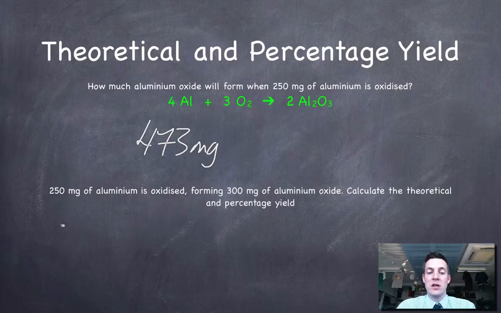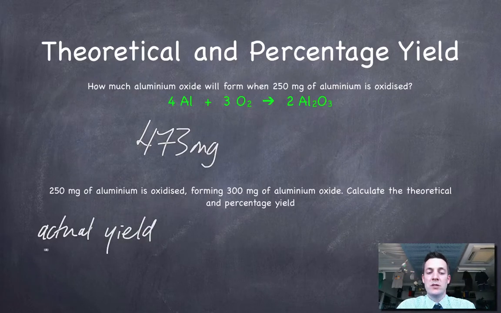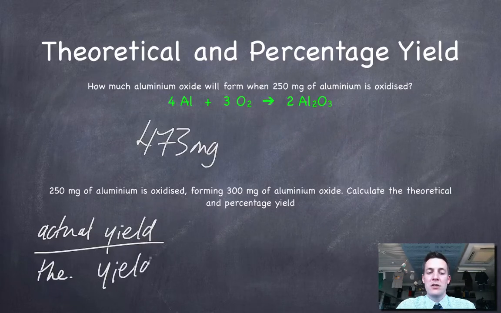So my percentage yield is always going to be the actual yield divided by the theoretical yield, multiplied by 100%. In this case, I've actually made 300 milligrams.